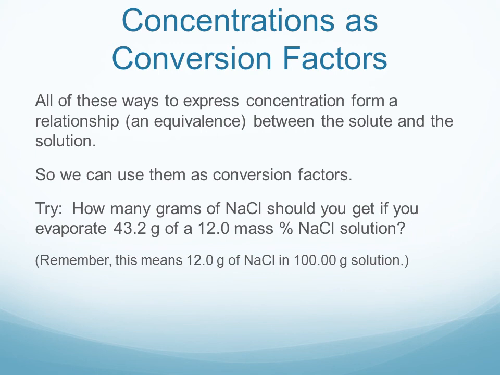So if we have 43.2 grams of solution and 12 grams of sodium chloride in every 100 grams of solution, we can use that as a conversion factor and figure out that we would have 5.18 grams of sodium chloride in the 43.2 grams of solution. If we evaporate it, we should get 5.18 grams of sodium chloride.